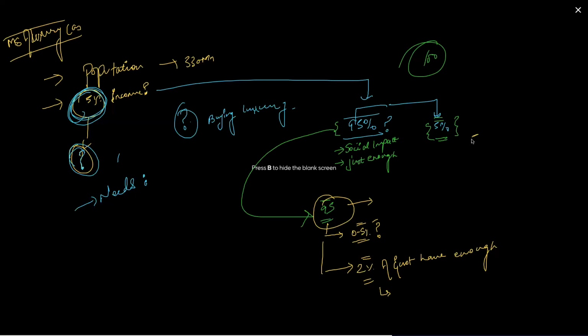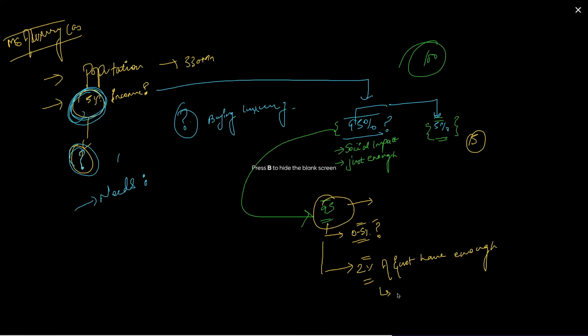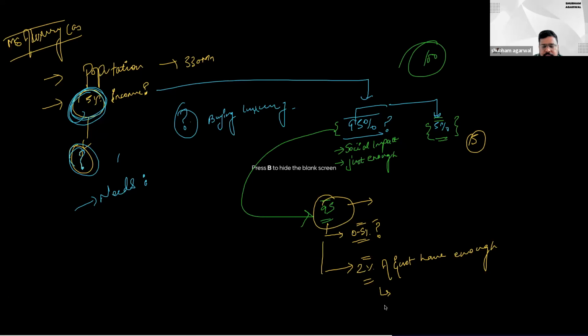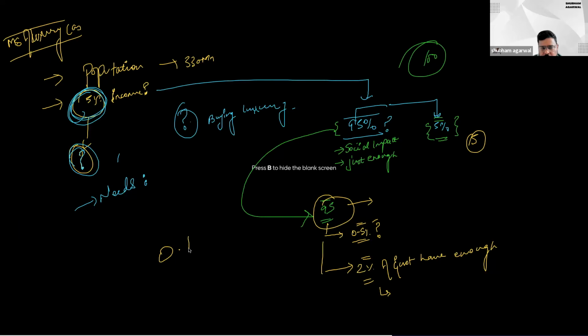Okay. What is 2% of 95? Yeah, we can take 2% of 95. So what is the number? 2% of 95 is 19. 0.195 into 2.